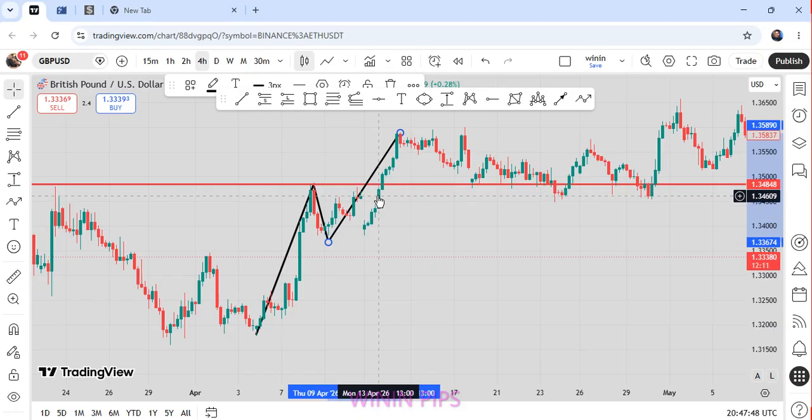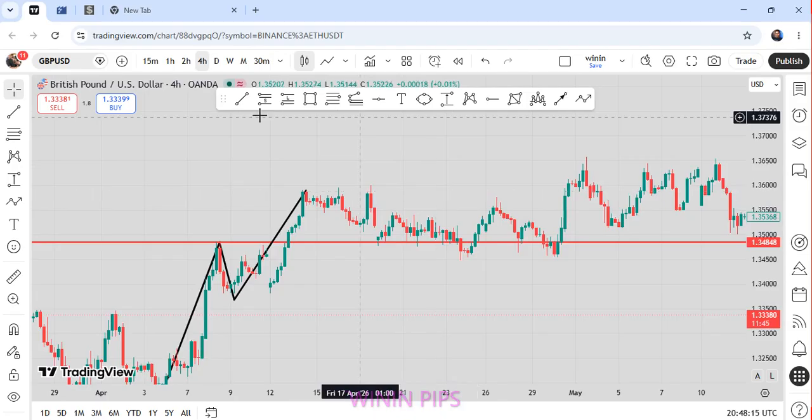This candle here closed, but was not able to break this particular red line. So still, after the close of this candle, the market cannot be confirmed to be an uptrend. But after the close of this particular candle, you have a higher high and higher close. It closed above this line, so this confirms that the trend is up. So that's the higher high, higher close.